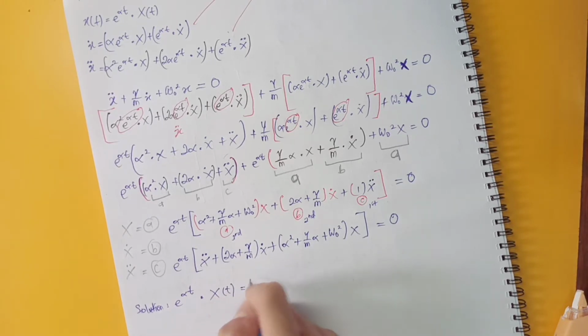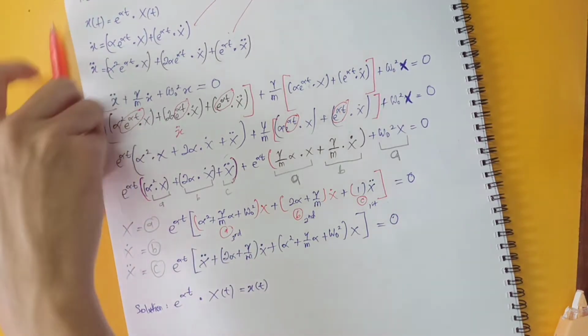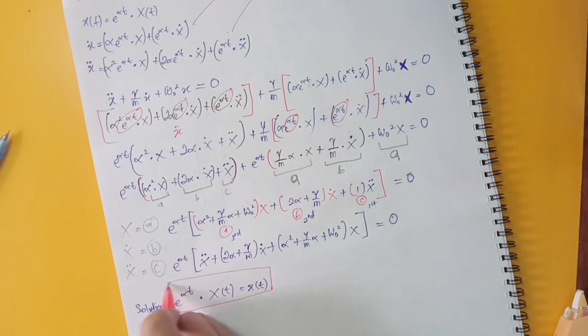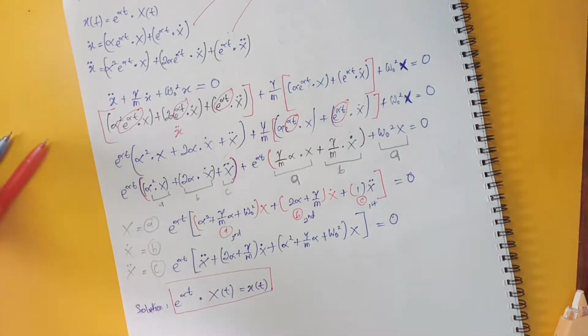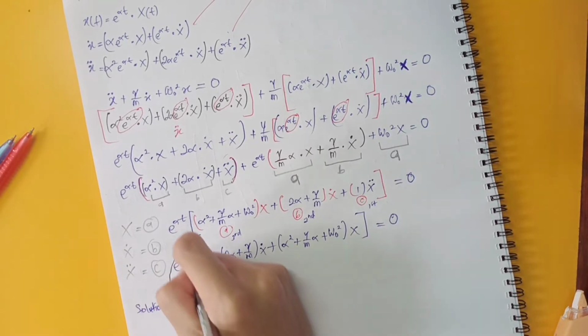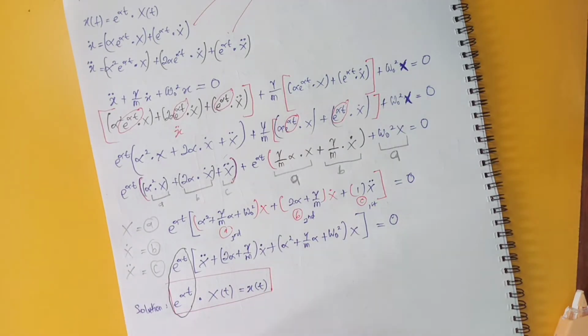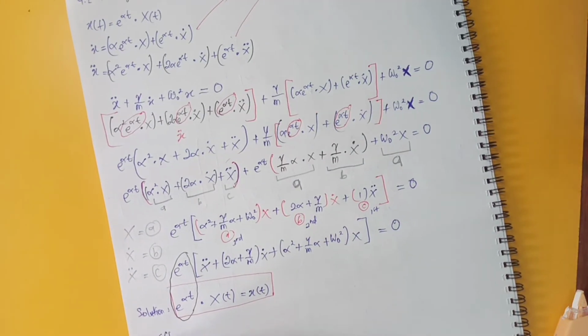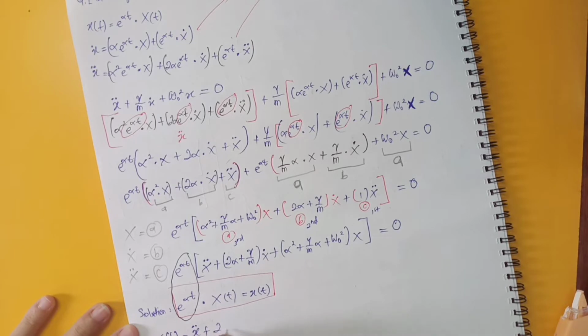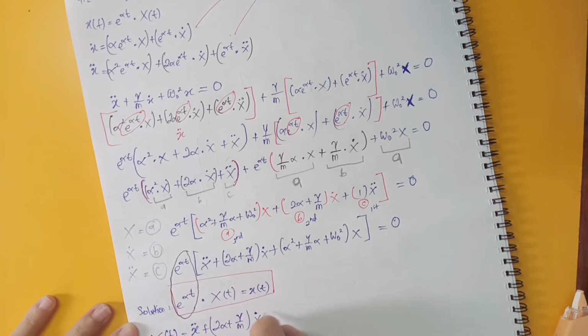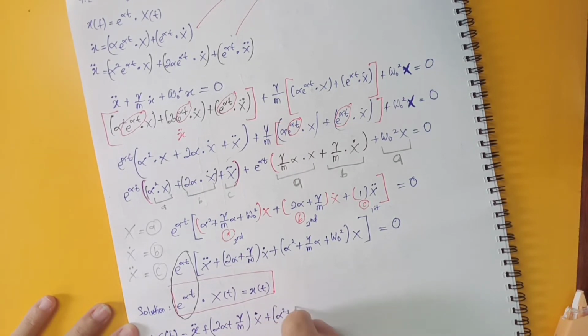This is the equation for the displacement, right? So when we do some comparison here, this is the same as this one, and x t is equal to, clearing all this equation, finally we find that x t is equal to x double dot plus 2 alpha plus gamma over m x double dot plus alpha square plus gamma over m times alpha plus omega naught square.